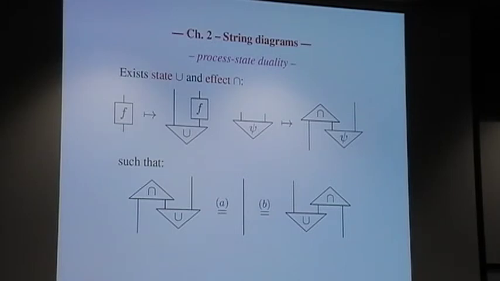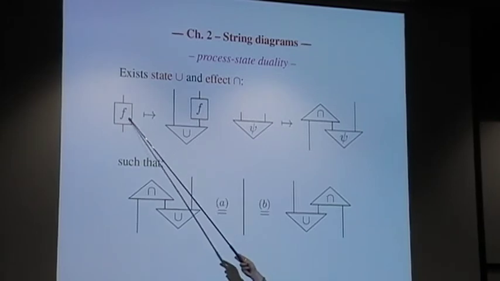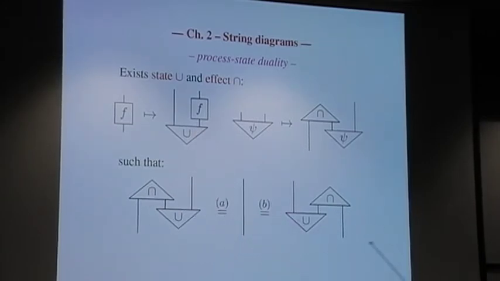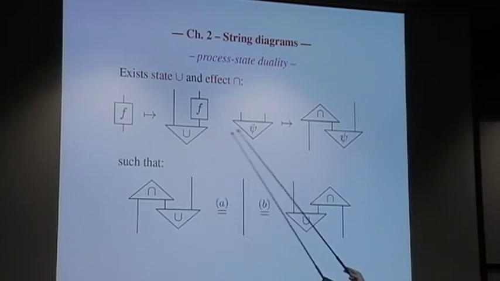If you have a special state like this and a special effect like that, you would hope that your non-separable processes would result in non-separable states. And then you're in business with an interesting theory. So if you can impose this on a theory, you maybe get an interesting theory. Now I'll just quickly show that these equations are enough to establish that these maps are each other's inverse. I'll show this now.